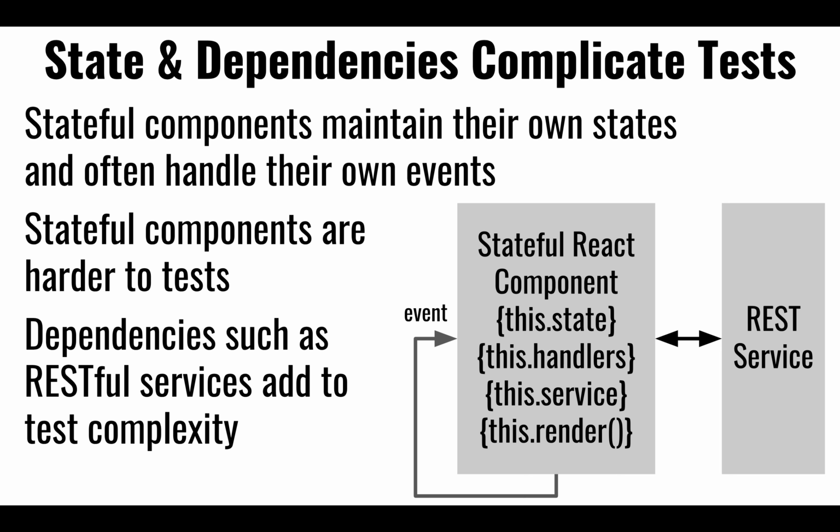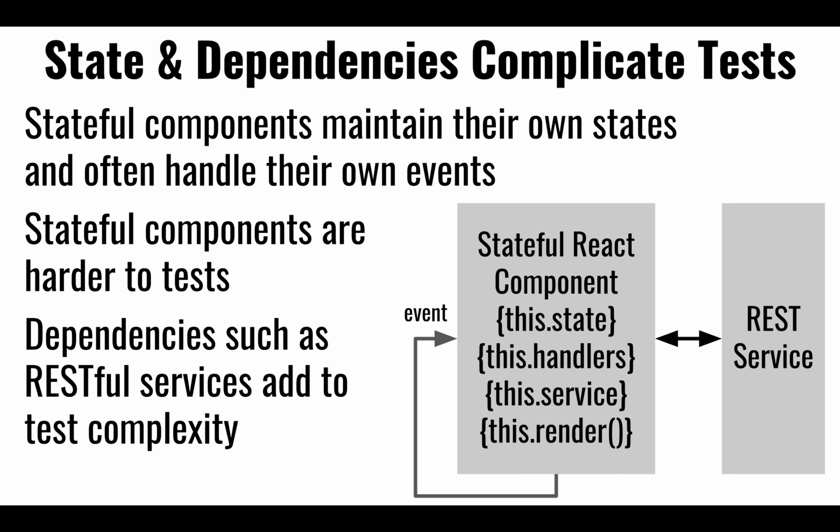The types of components, at least the React components that we've been implementing so far, are often referred to as stateful components. They're components that maintain their own state. They have their own local variables, and as folks interact with the component, as they click, as they drag, the component reacts by updating its own state.